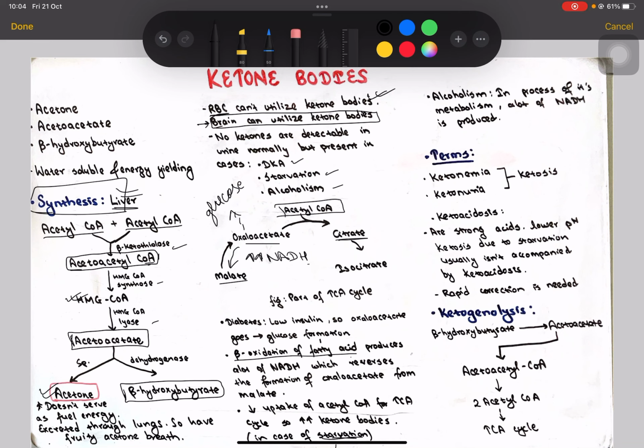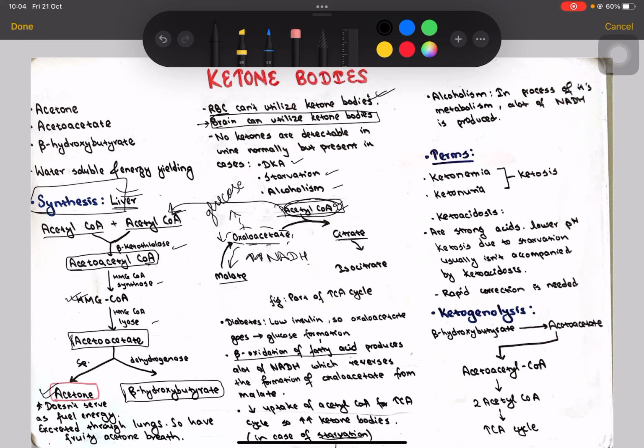So in this case oxaloacetate is depleted. Now whenever there isn't any oxaloacetate, acetyl-CoA uptake is decreased in the TCA cycle, so the TCA cycle slows down. So the excess acetyl-CoA will go into ketone body synthesis, and a greater amount of ketone bodies will be synthesized.